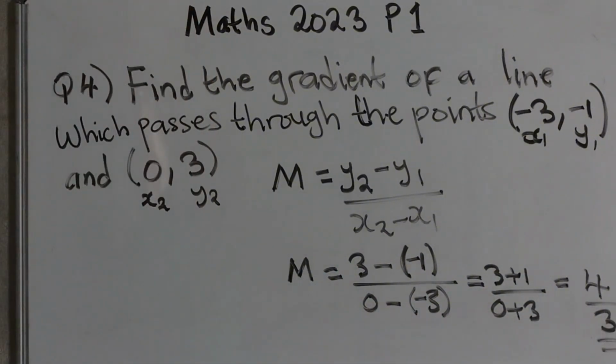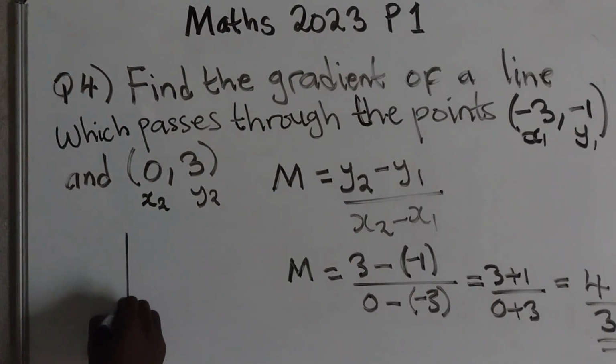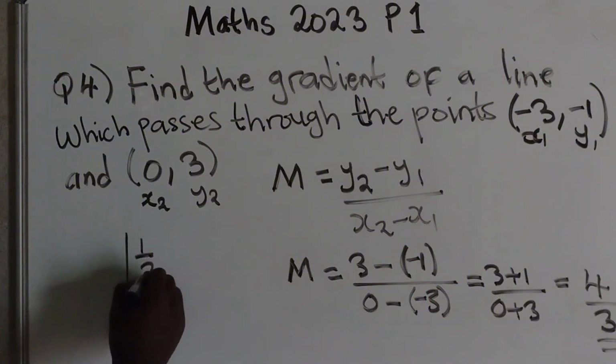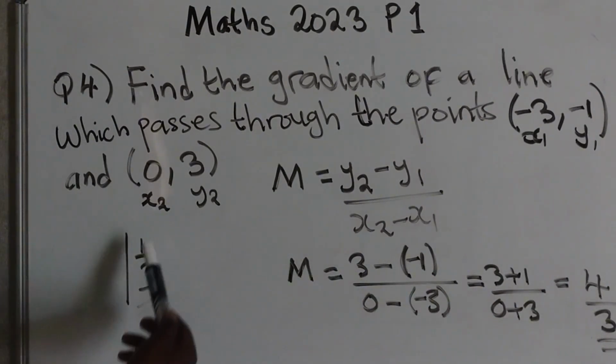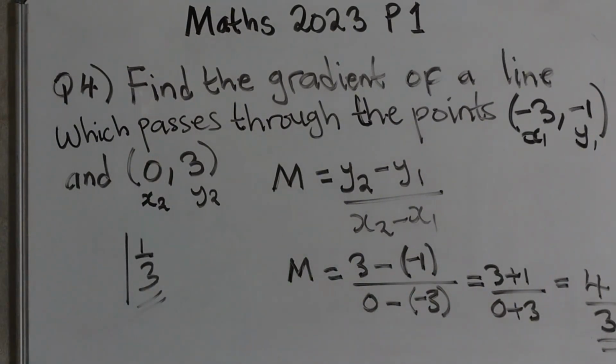That is our gradient, 4 over 3. If you want, you can also leave it as a mixed fraction, which will give you one whole number, then 1 over 3. You can also write it like that, because 3 into 4 is 1, remainder 1, then over 3.